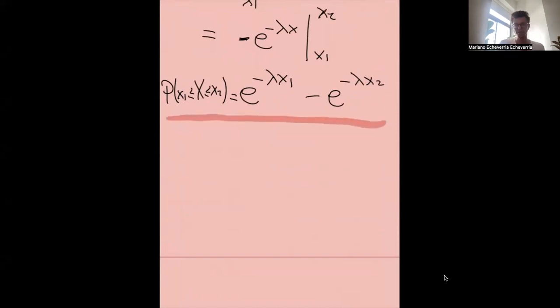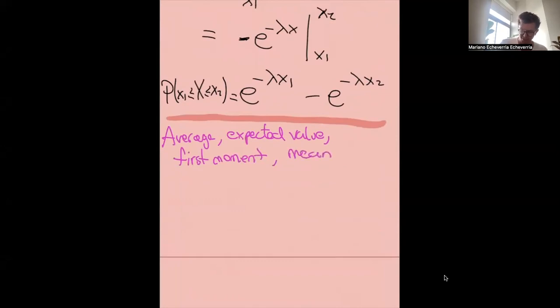What's the average value, or the expected value, or the first moment? They're all called the same: average, expected value, first moment, or the mean. Again, it has so many names. It is mu of x, or mu, or also E of x.